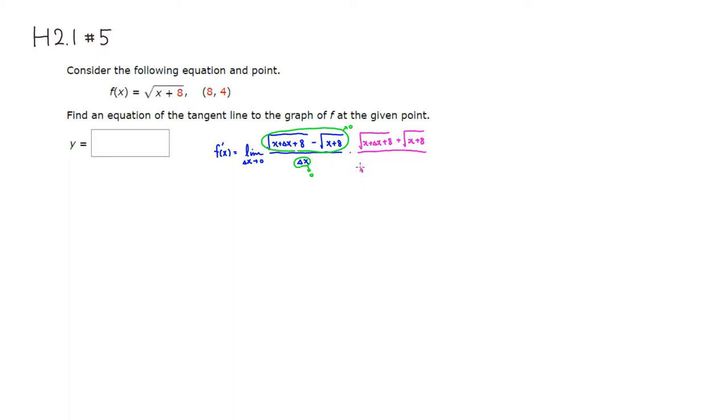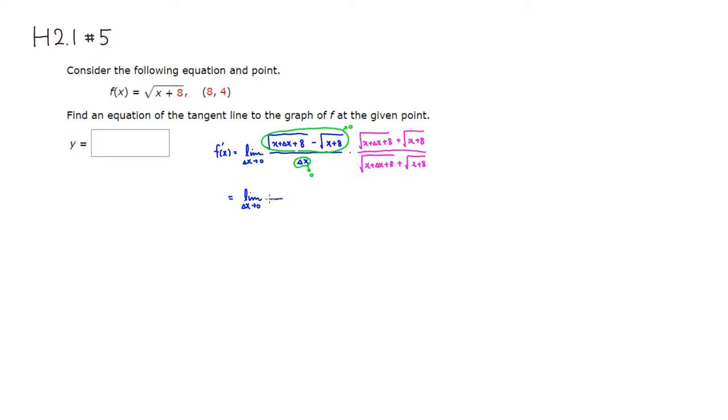And you have to do exactly the same thing to the numerator and denominator so that we don't change the quantity. Then if you multiply out, you're going to get the limit as delta x approaches 0.